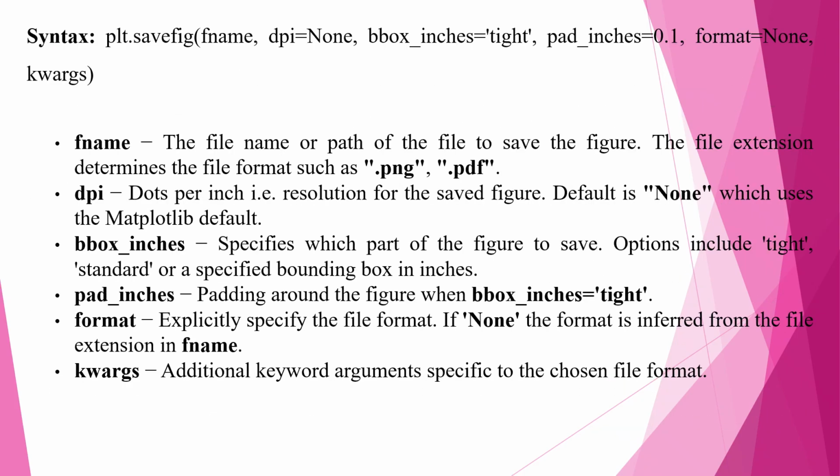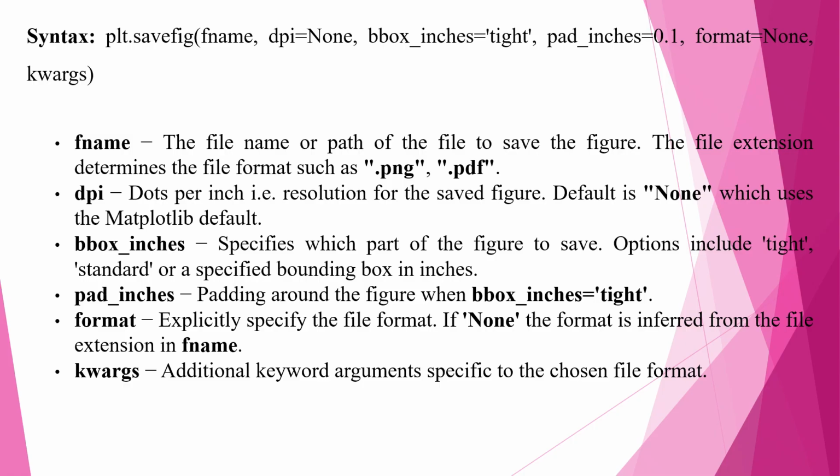The savefig function in Matplotlib is used to save a plot as an image file, and it provides several parameters to control how the figure is saved. The fname parameter specifies the file name or path, and the file extension automatically determines the format such as PNG or PDF. The dpi parameter controls the resolution of the saved image, where higher values result in better quality.